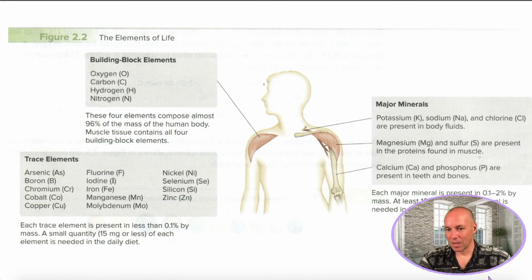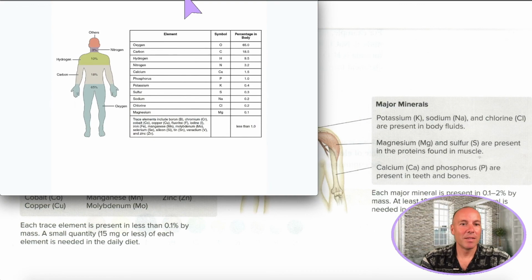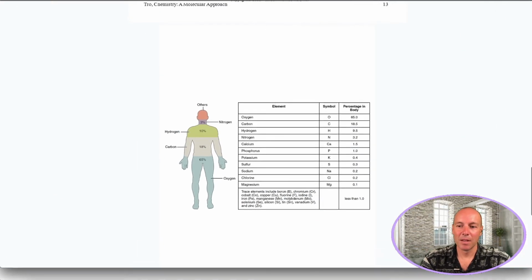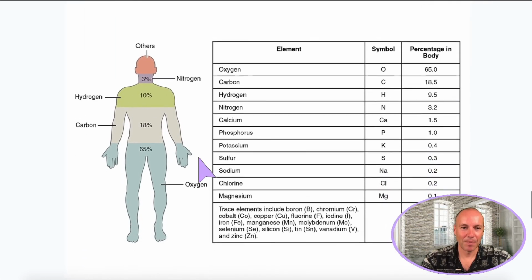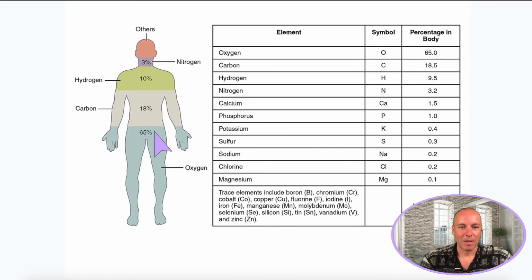I like to look at the breakdown of elements in the human body a little bit differently. So here's another picture which might help you see it a little bit more clearly. So, here's your human body, and here are the 4 building block elements that make up 96% of the human body. Most of it is oxygen. You see, oxygen's at the top at 65%.